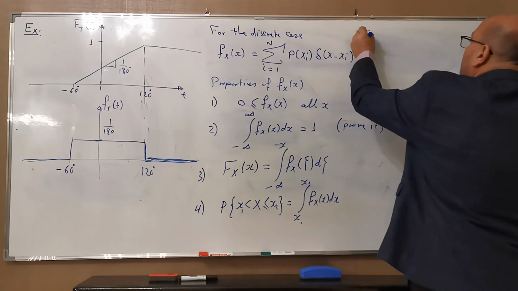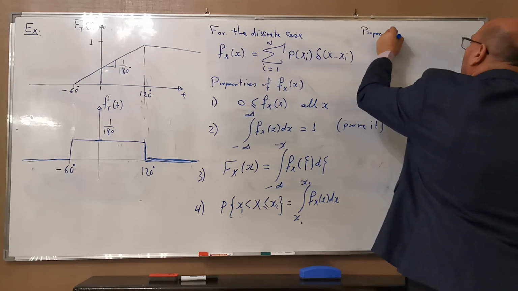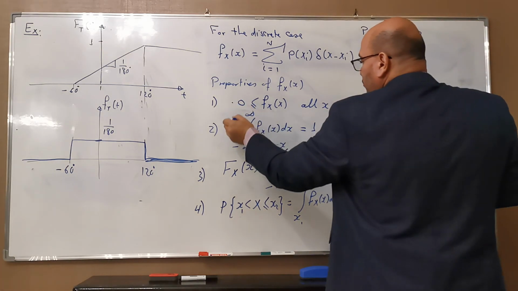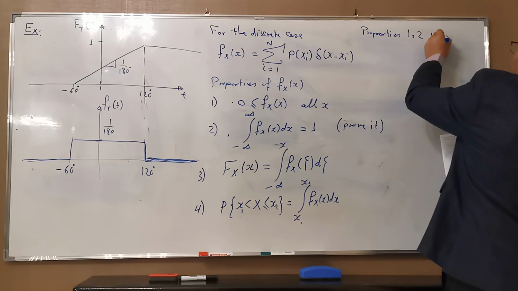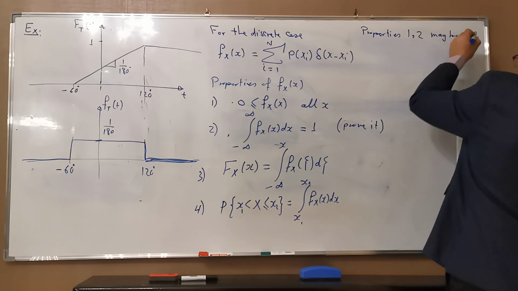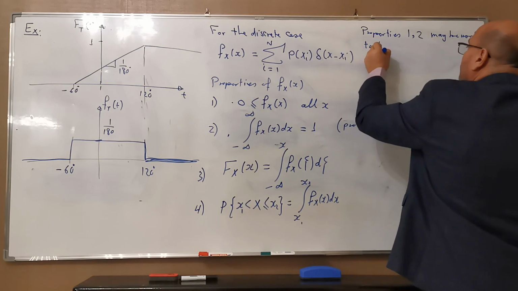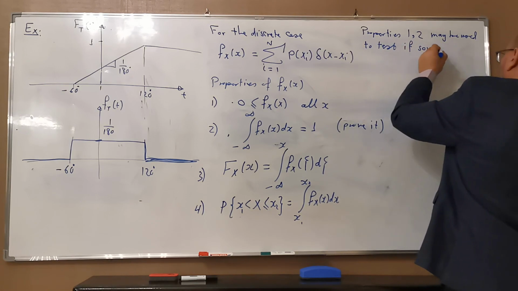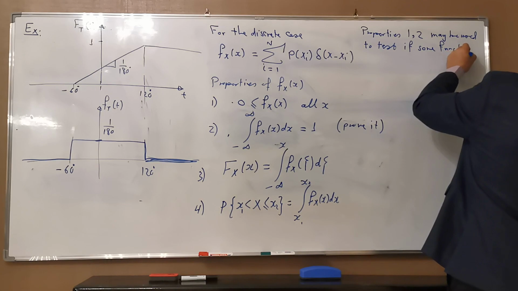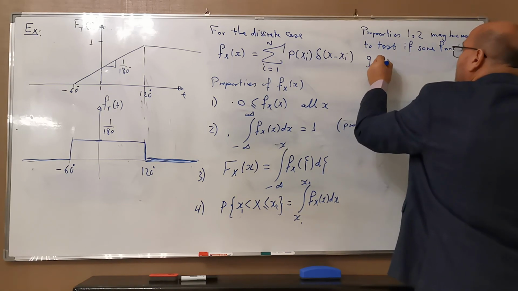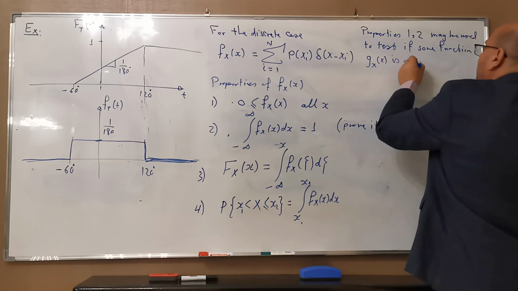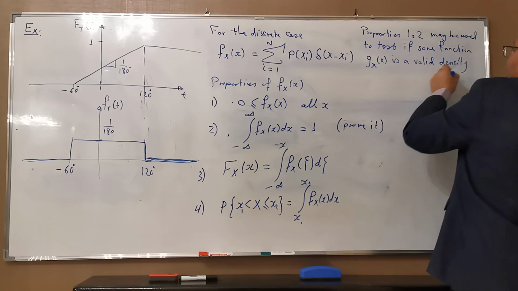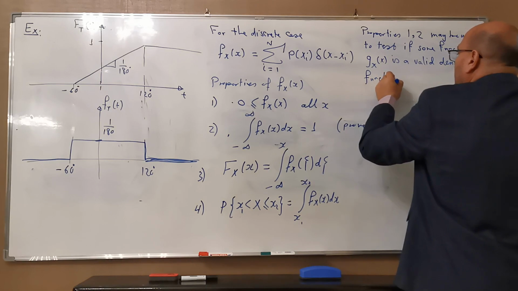Of course, properties 1 and 2 may be used to test if some function, let's say gx of x, is a valid density function or not.